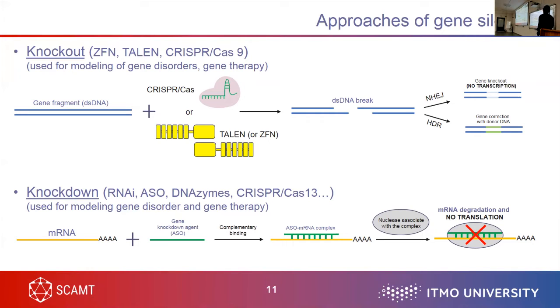The mechanism based on antisense oligonucleotides is similar for every example. The gene knockdown agent, the antisense oligonucleotide, specifically recognizes mRNA and forms an ASO-mRNA complex with complementary binding, and the nuclease RNase H1 will recognize this complex.